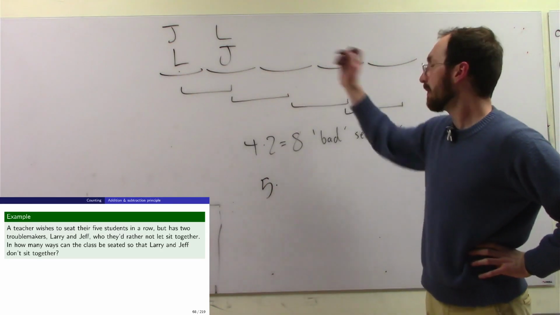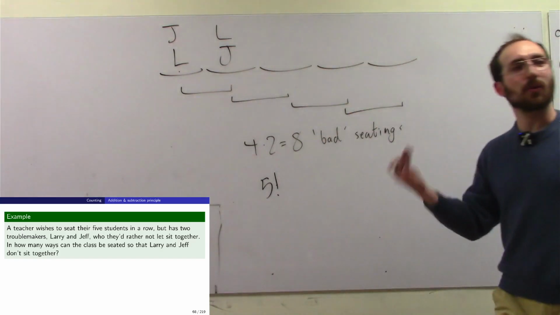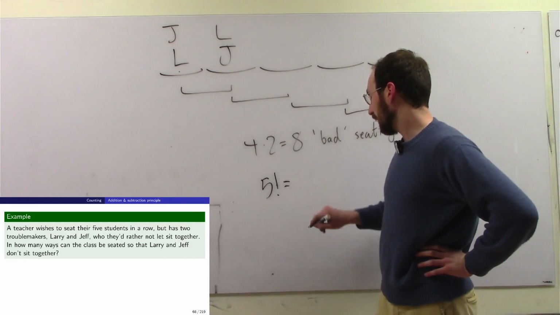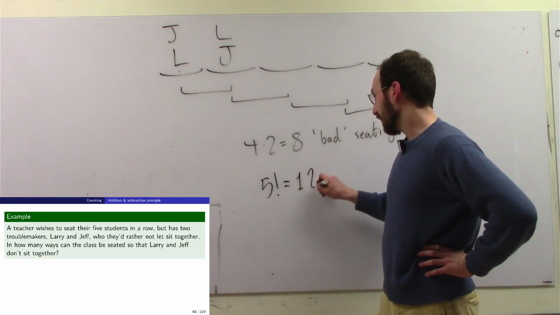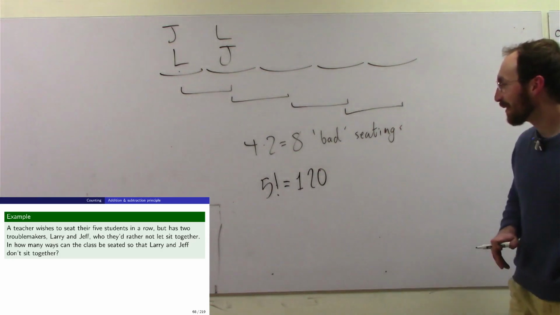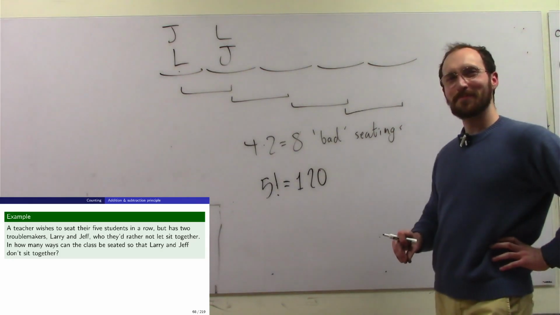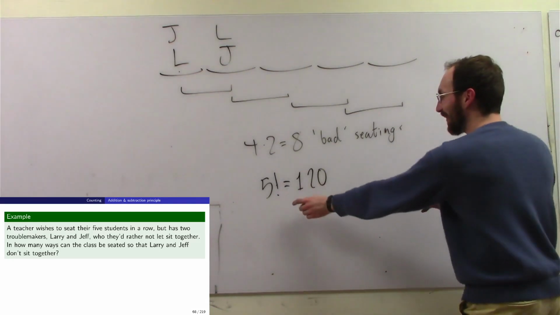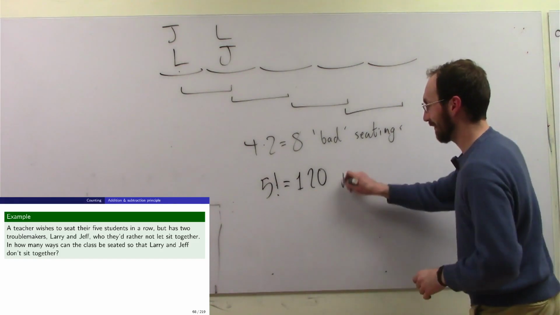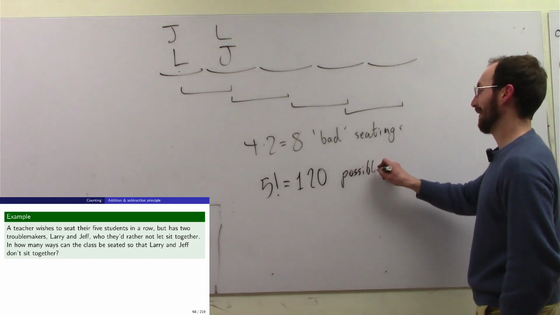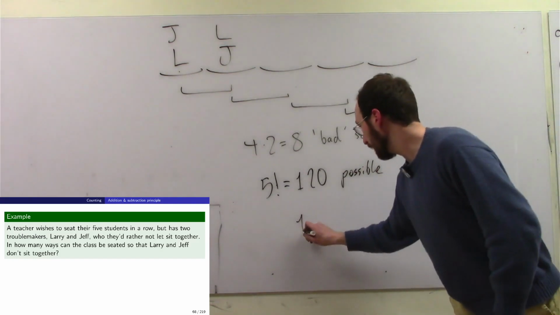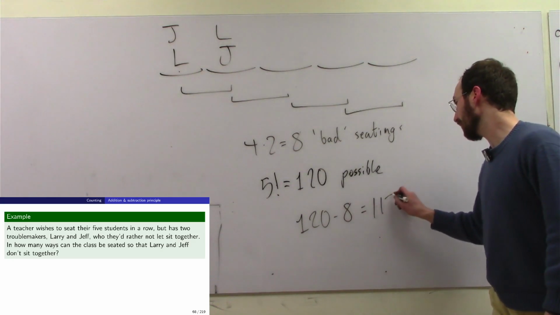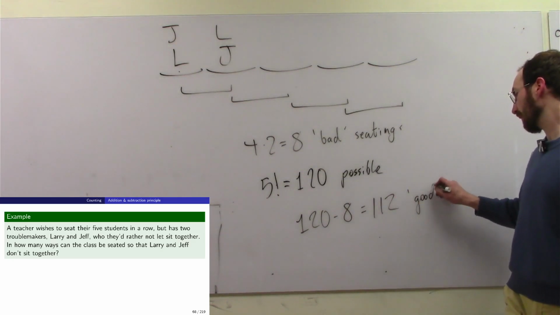I had 5 factorial many choices for seatings, which if you do a little calculation, and I often forget, is 120, right? Yes, thank you. I just wanted confirmation. So this is how many possible seatings. Let's just write that. So thankfully, we have 120 minus 8, or 112 good seatings.